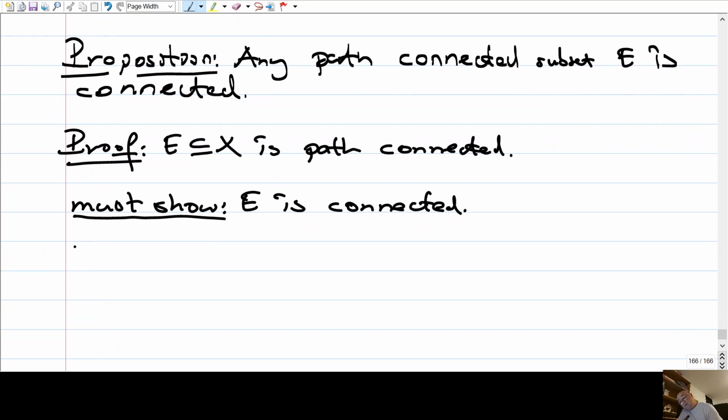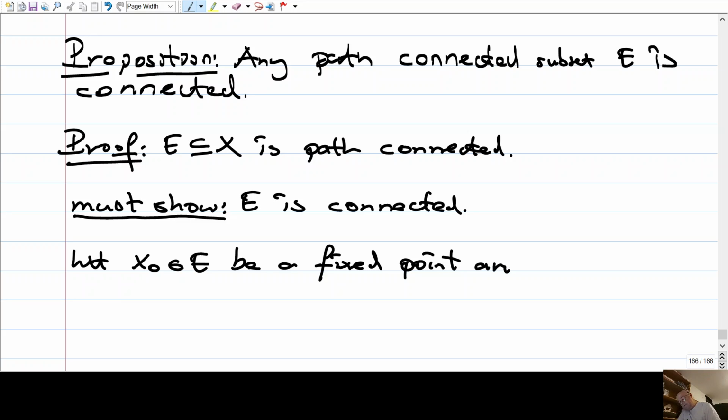Well, let x0 be a fixed point, and x is any other point.